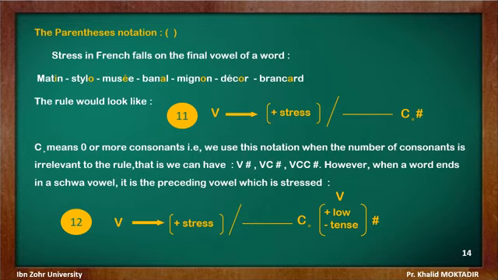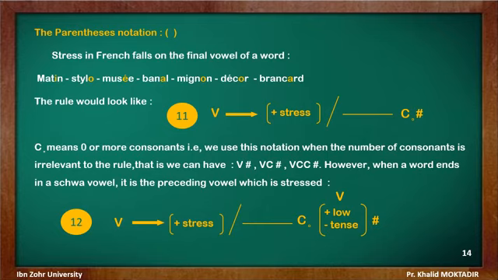However, when a word ends in a schwa vowel, this rule still applies. In other words, it is the preceding vowel which is stressed. Look, a vowel is stressed if it is in this position, and in the final position we have a schwa.